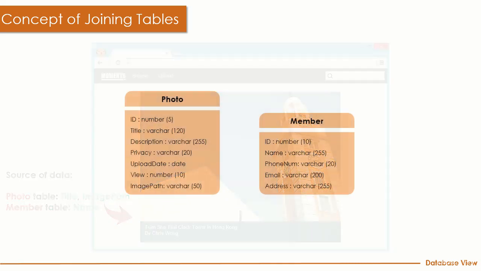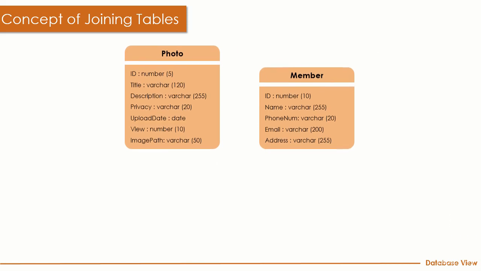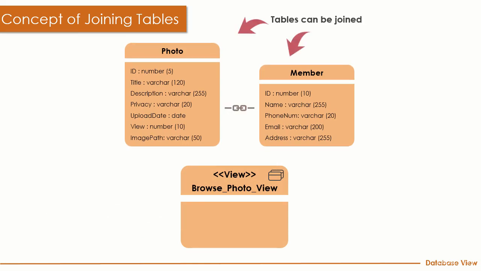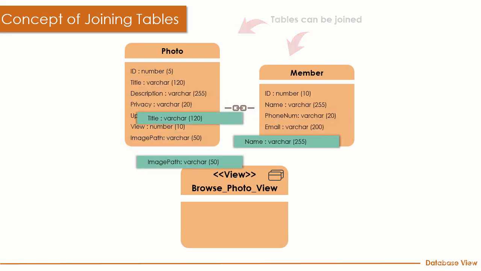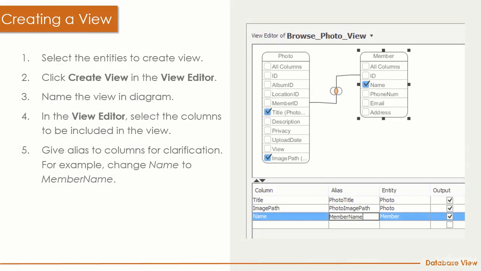In this case, we need 2 tables, the photo and the member. The database view we need is a browse photo view. We need the title, image path, and the name of the member in my view. Let me show you how to create this view in Visual Paradigm.